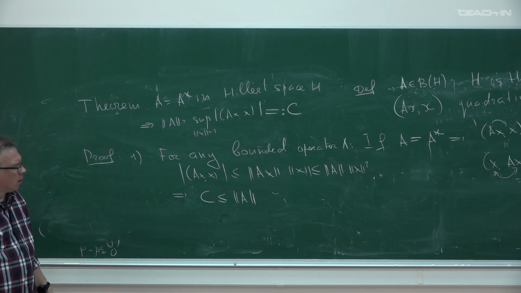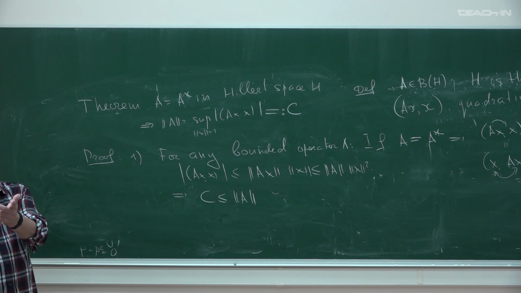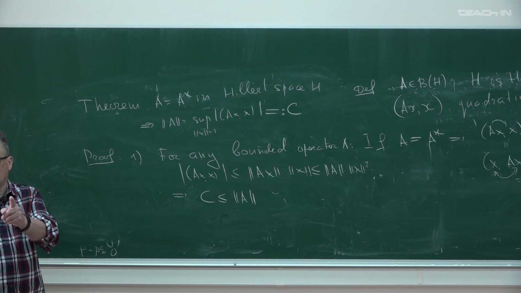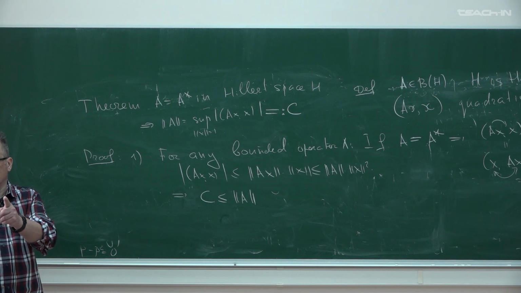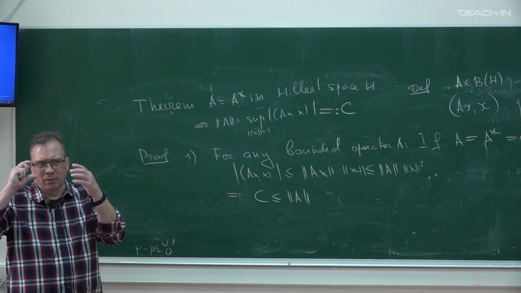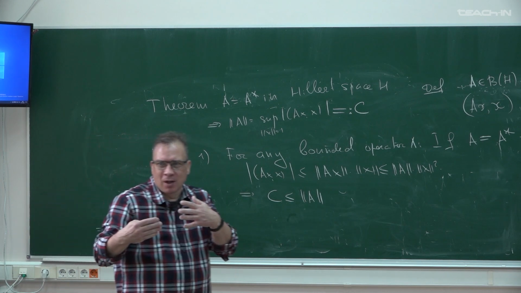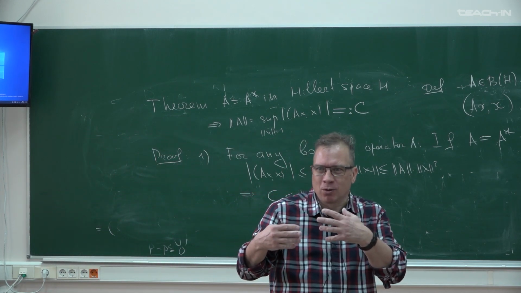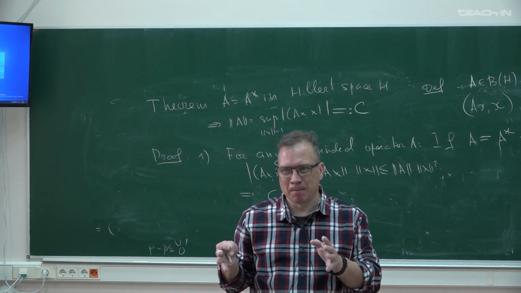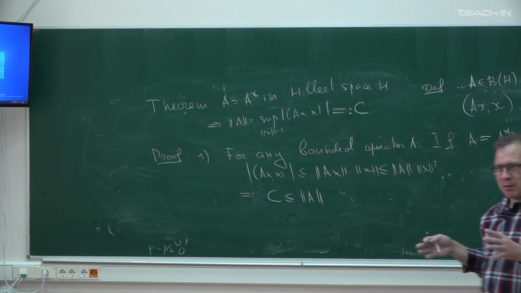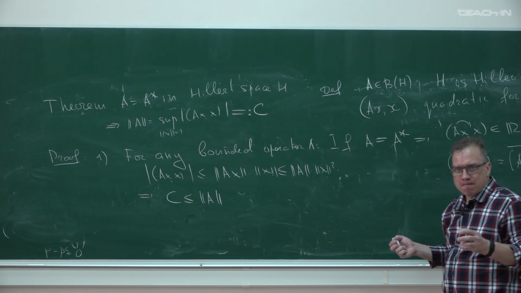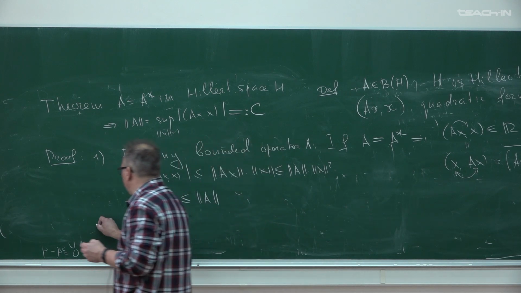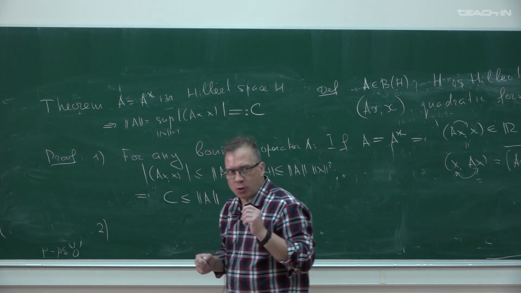And you can, moreover, take Jordan blocks 2 by 2 with zeros on the diagonal. You can check that the supremum of the quadratic form is less than the norm for Jordan blocks. But for now the operator is self-adjoint.